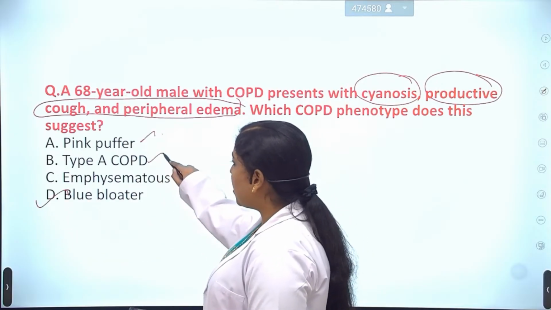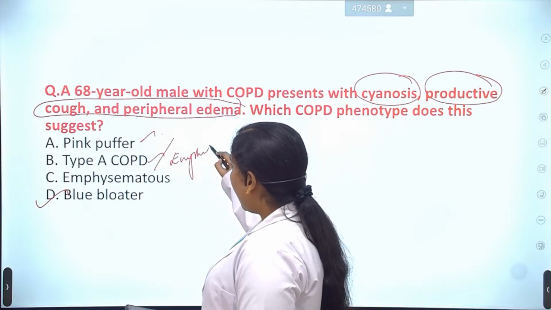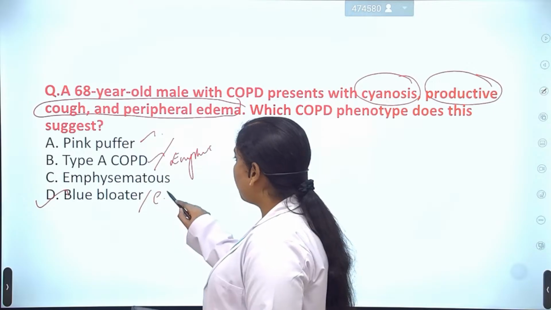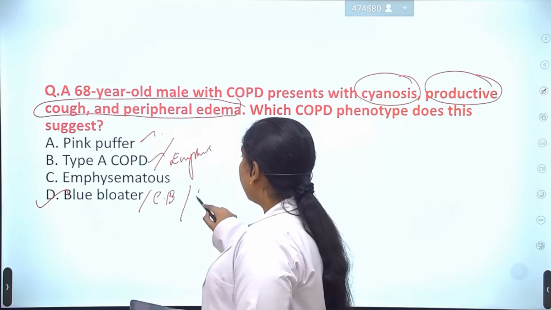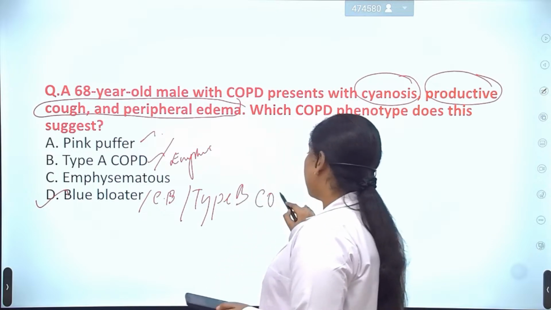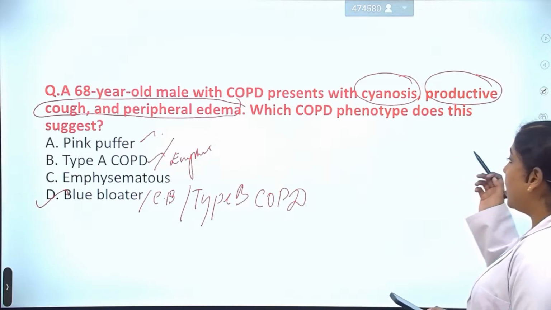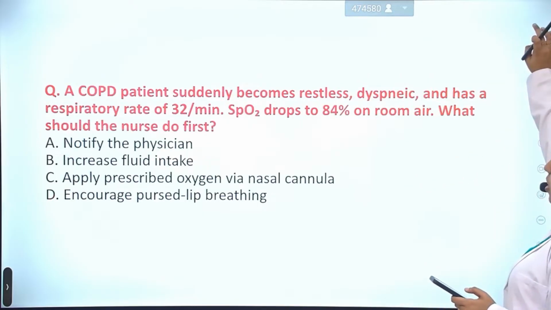Type A COPD is the other name of emphysema. And blue bloaters, chronic bronchitis, or type B COPD. Other names, please note it. To twist you, they can ask type B COPD. Then that is chronic bronchitis.